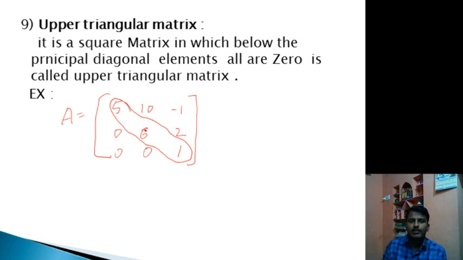Below the principal diagonal elements, all are 0. See here, all are 0. Such a matrix we can call an upper triangular matrix. Below the principal diagonal, the elements are 0, and such a matrix we call upper triangular.